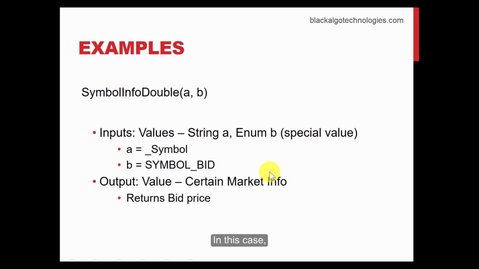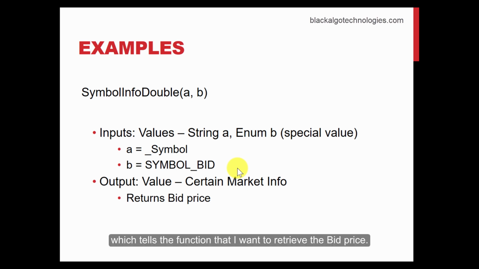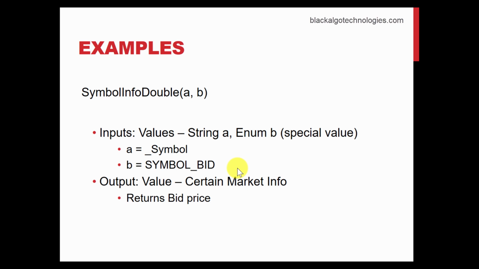So in this case, A, let it be underscore symbol, which is the current symbol of the current asset, the current currency pair. And B, there's a list I can choose from, and I choose symbol bid, which tells the function that I want to retrieve the bid price.